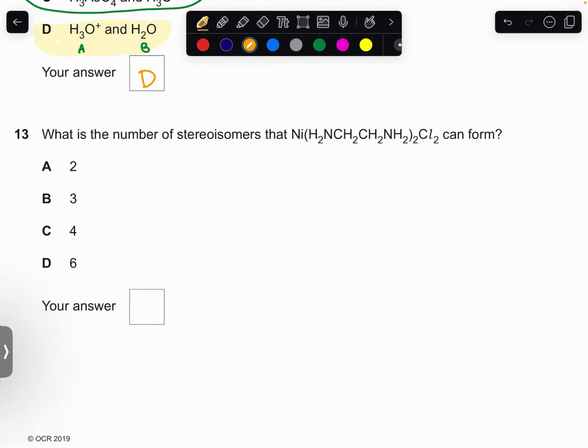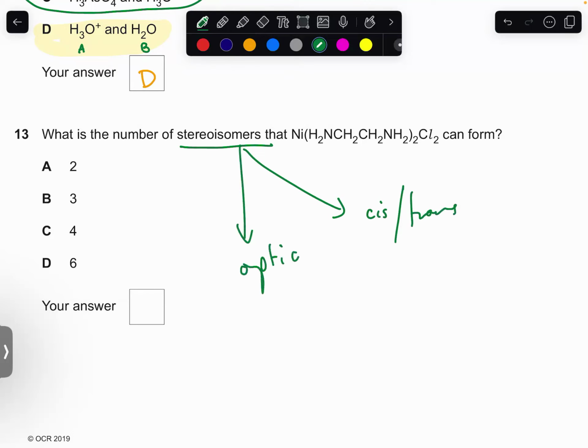Stereoisomers are compounds with the same structural formula, but with different arrangements of atoms in space. There are two types of stereoisomers: cis-trans, and also optical. These all come under the stereoisomers umbrella.